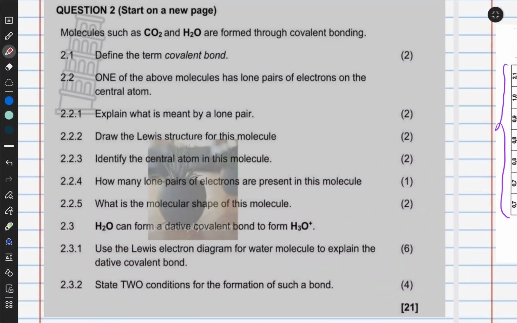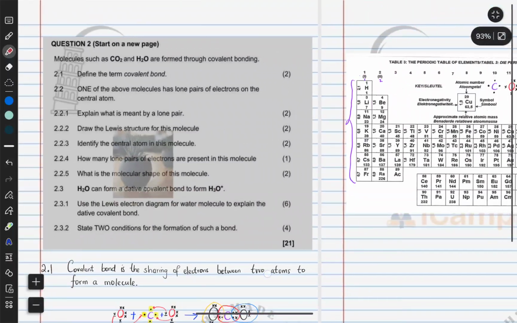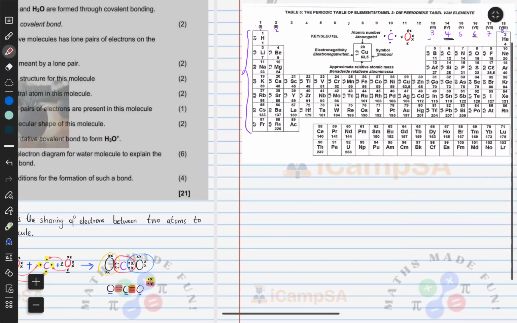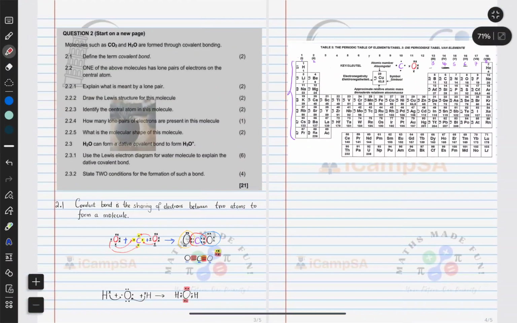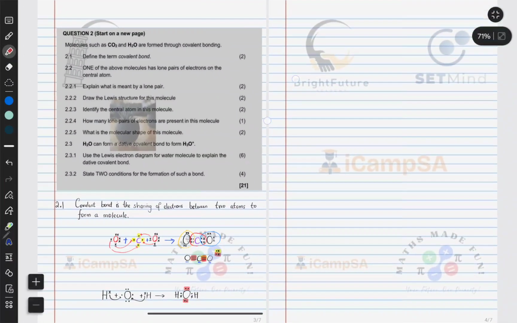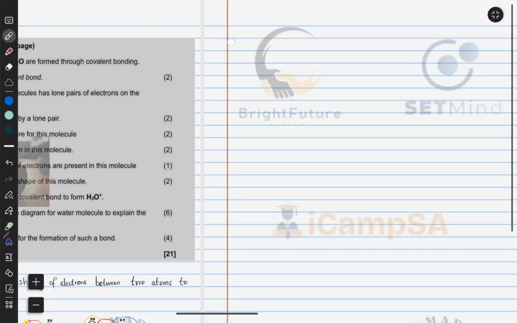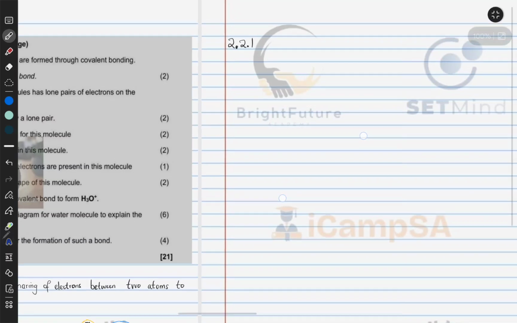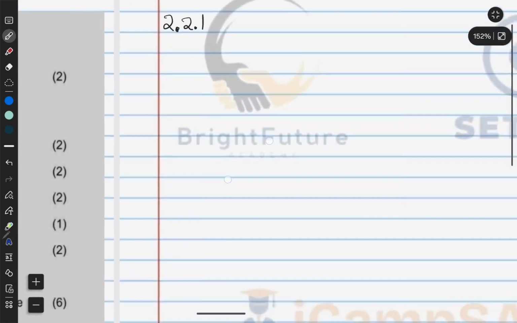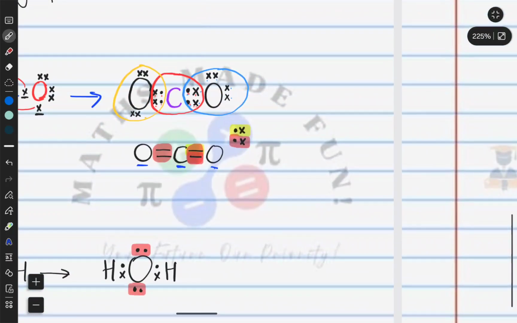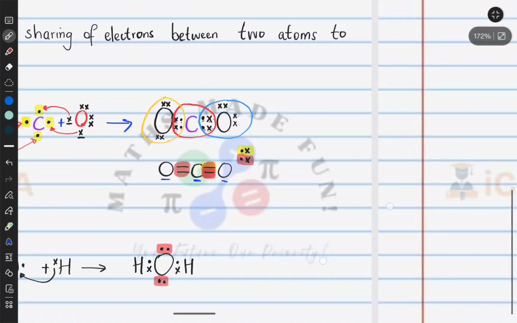Explain what is meant by a lone pair. All right, so what's the official definition of a lone pair? Okay, let's put it here. 2. So a lone pair, by official definition, of course, I've already shown you what a lone pair is, just these electrons that won't really participate in the covalent bond, right?